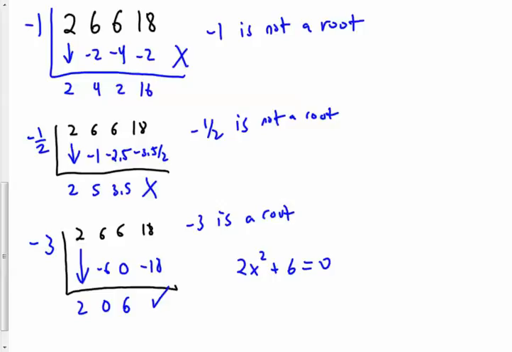Rather than testing with synthetic division, once I get to a quadratic, use quadratic formula, completing the square, whatever is easiest. I should get 2x squared is equal to negative 6. Dividing both sides by 2, x squared should be negative 3. It looks like my roots here are x could be negative i times the square root of 3, or positive i times the square root of 3.